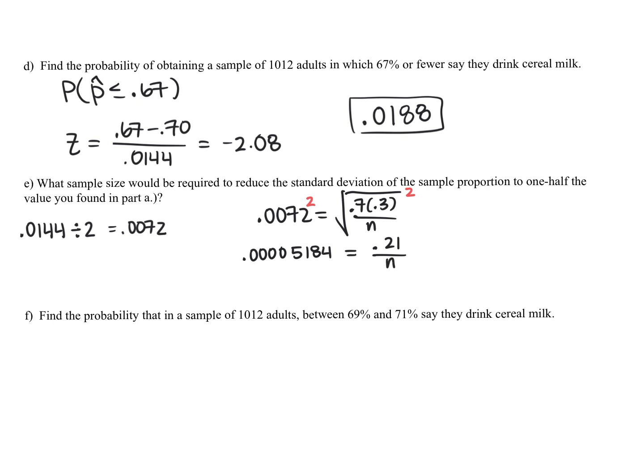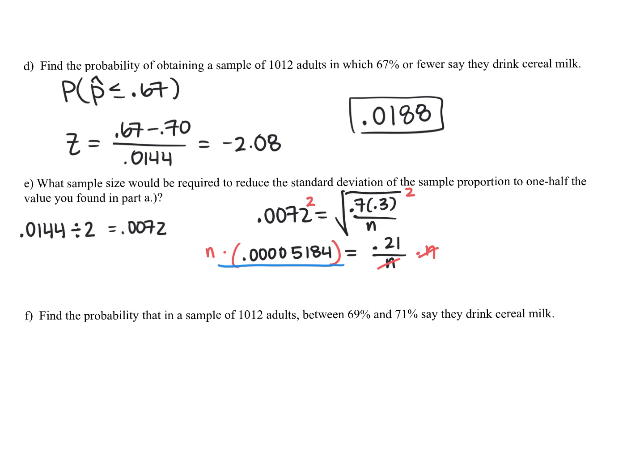Next thing I want to do is get my variable n out of the denominator of our fraction. So I'm going to multiply both sides by n. And when I multiply the right side by n, it's going to cancel. So I have n times 0.00005184 equals 0.21.